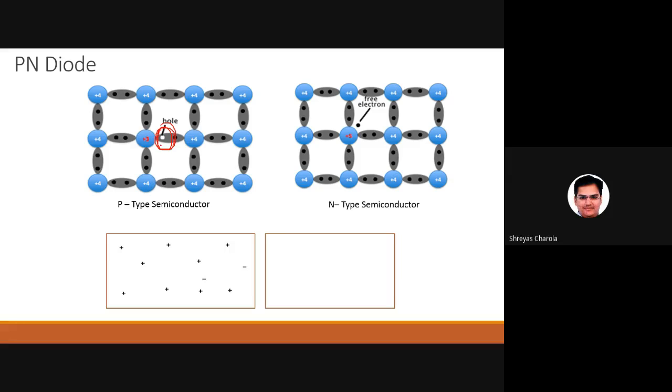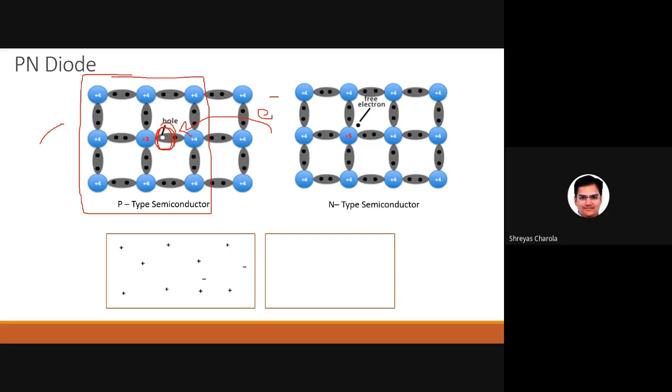That means it can accept the electrons, yes or no? Yes. So let's suppose this boron element has one acceptor ion, it will accept the electrons, so it's called an acceptor ion. Are you getting or not?